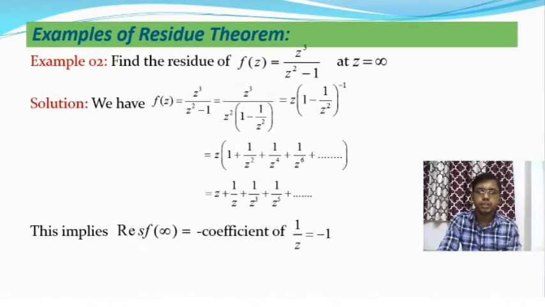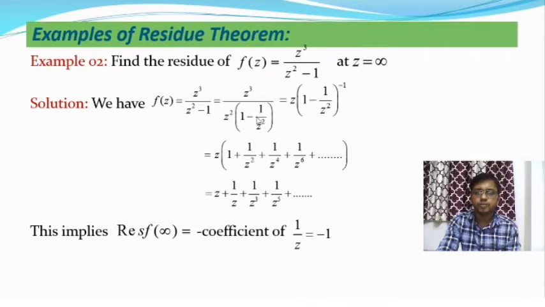So the coefficient of minus 1 by z is the residue at the point z is equal to infinity. I have already mentioned this in the previous slide. So f of z is equal to z to the power 3 by z square minus 1. So now we take z squared as common, and we'll get z square into 1 minus 1 by z square.